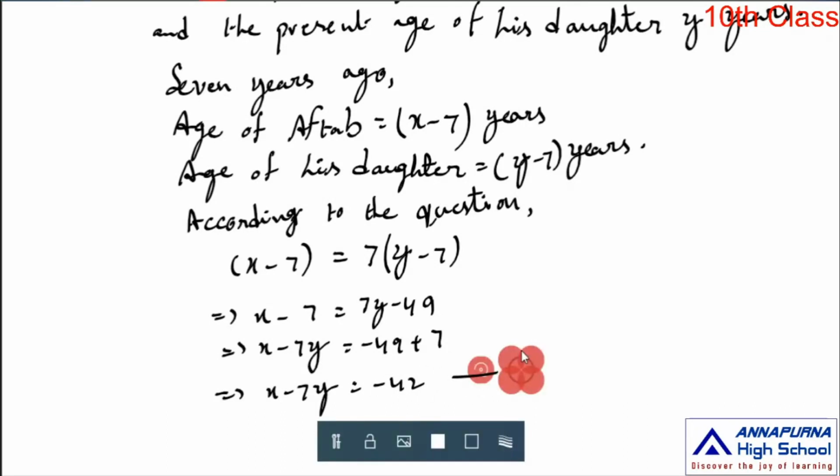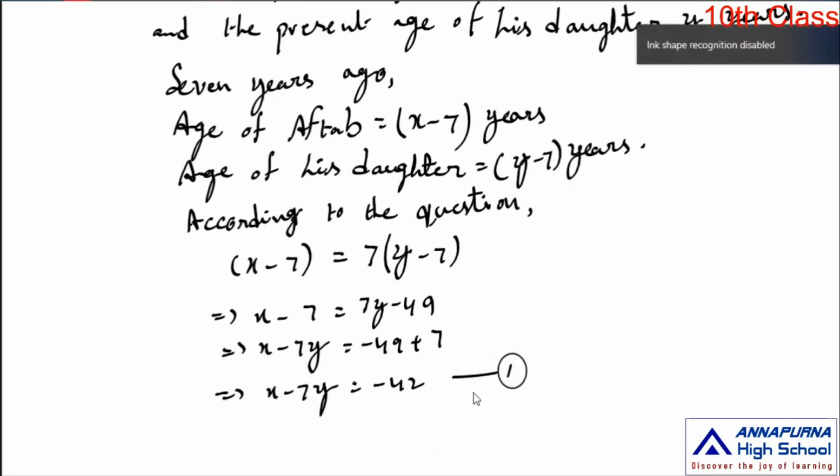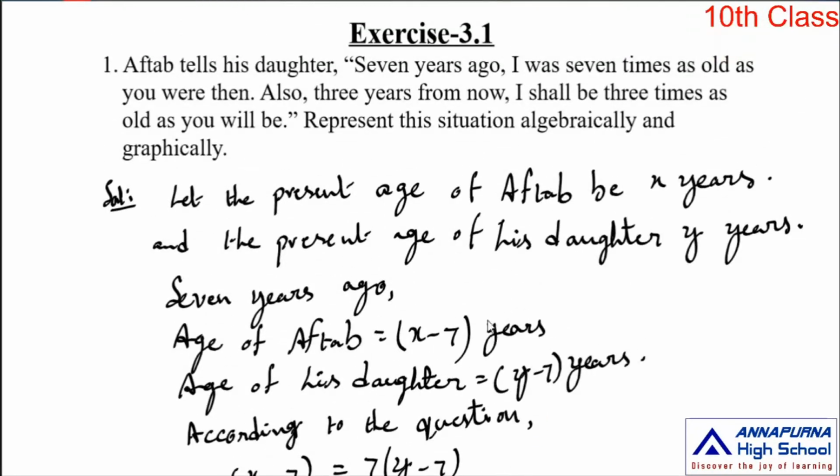That means the mathematical equation which satisfies the first condition in the given situation. Okay, and come to the second condition. In the second condition, what does it say? 3 years from now I shall be 3 times as old as you.